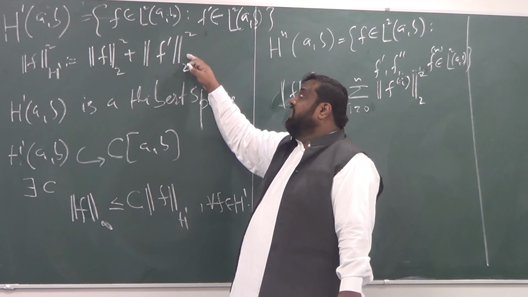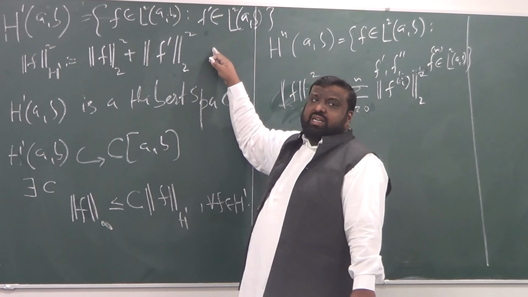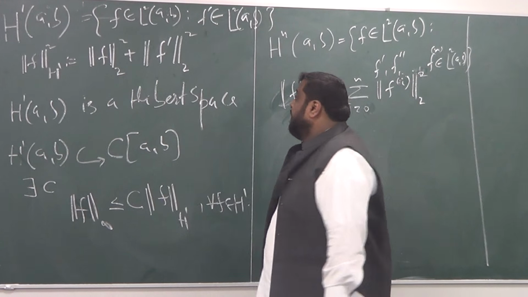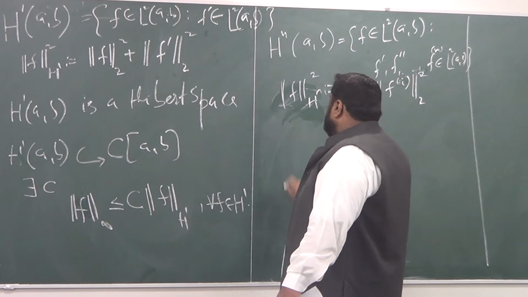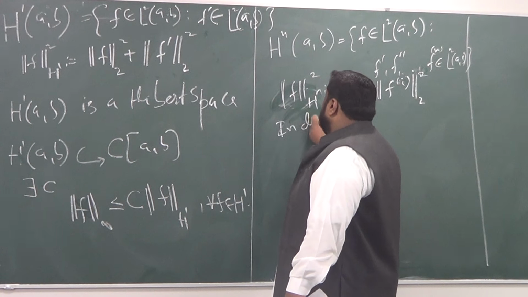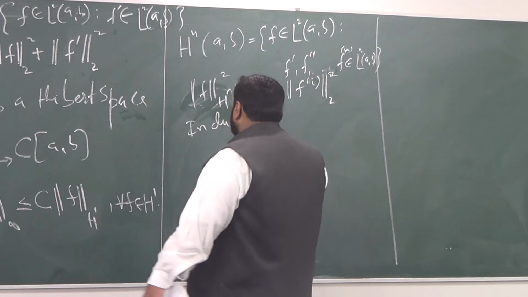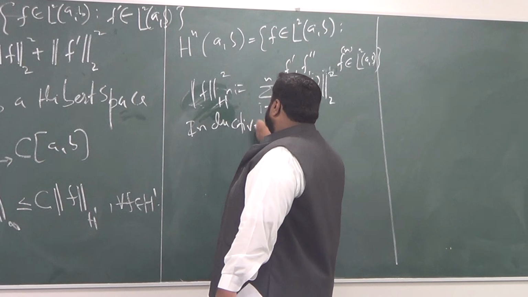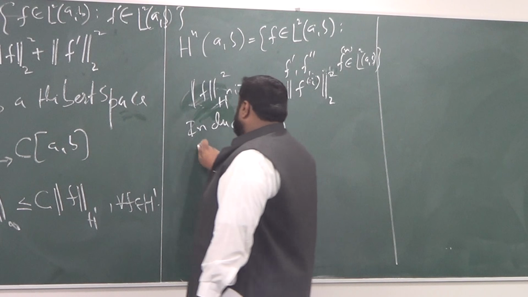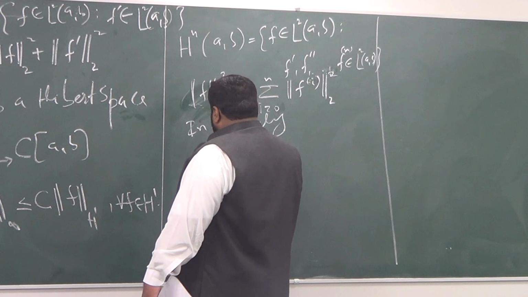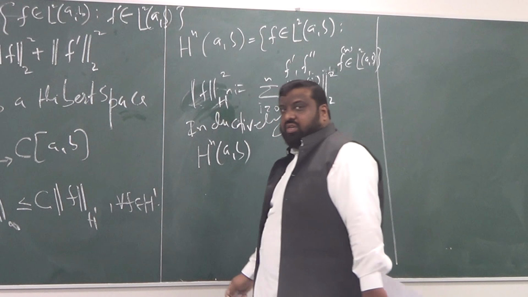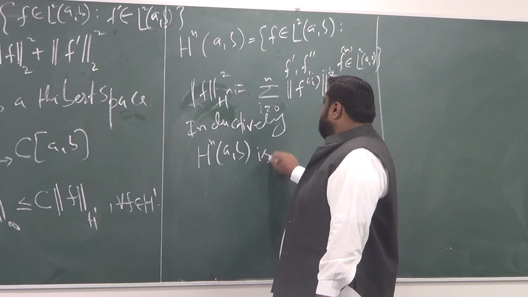So in H2, another term will be added, and so on. We proved yesterday that H1 is a Hilbert space, and inductively I can show that Hn(a,b) is also a Hilbert space.